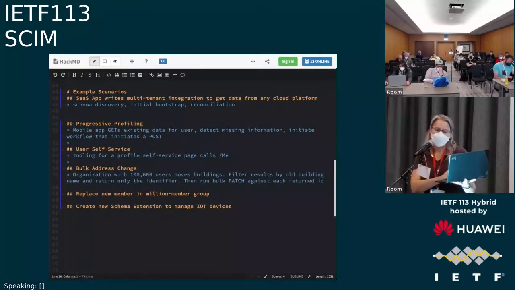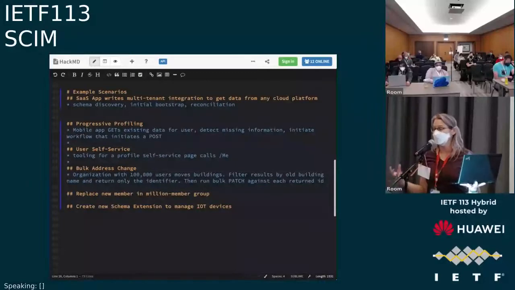Okay, the next one is progressive profiling. The idea is a customer identity, CIAM, kind of use case where you would want to collect data directly from a user and then write it back to an authoritative source.